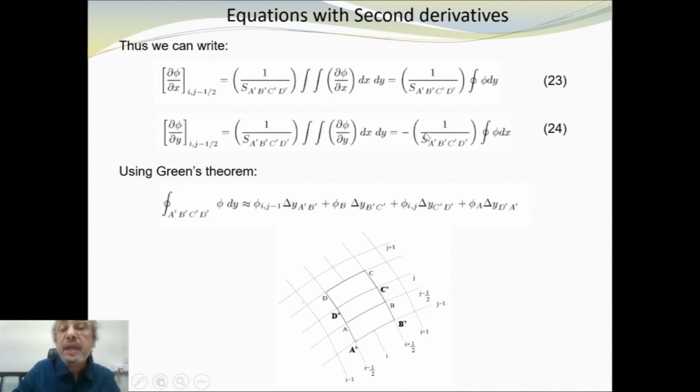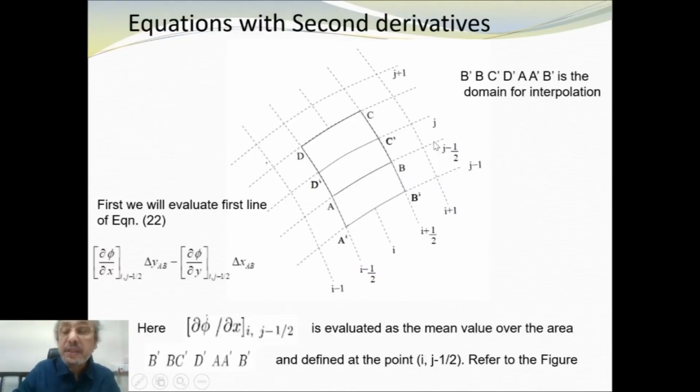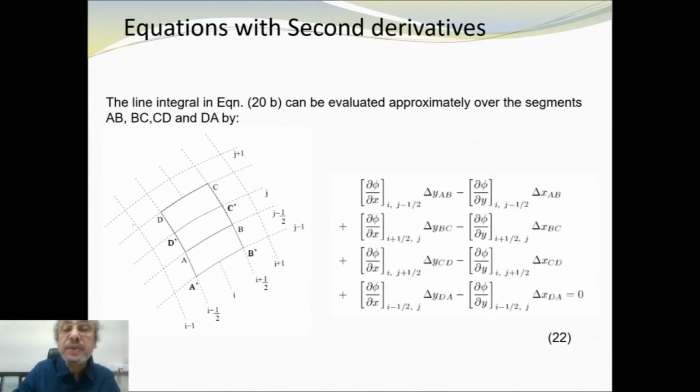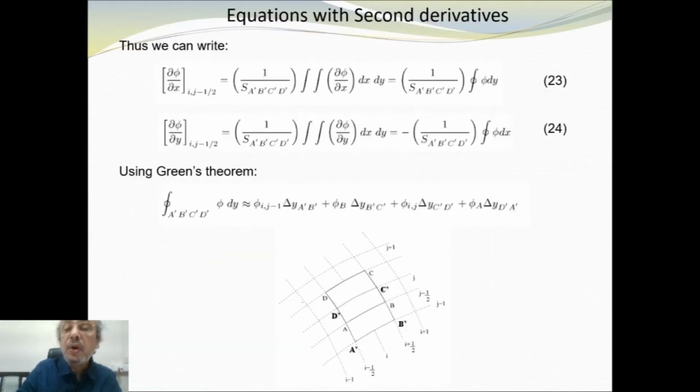This is a minus quantity because in the line integral we have seen del phi del x into delta y minus del phi del y into delta x. This is again the line integral of phi dx divided by area.